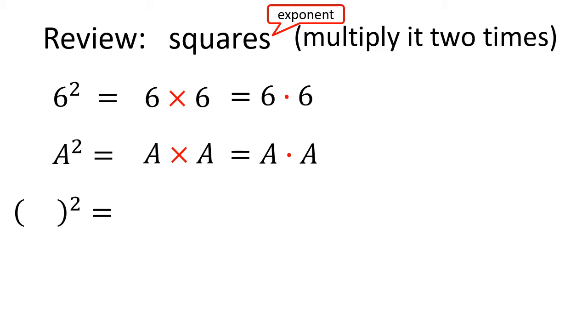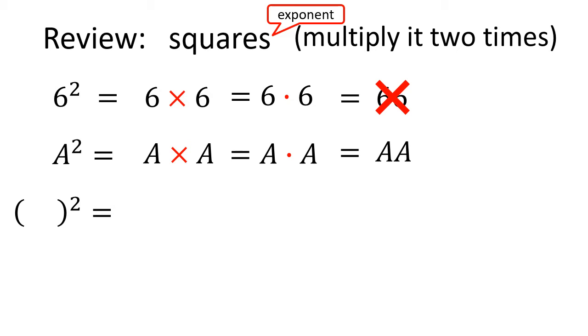So we could express this as aa. By the way, for integers, we can't eliminate a multiplication sign. 6 times 6 can't be expressed as 66. They are completely different.